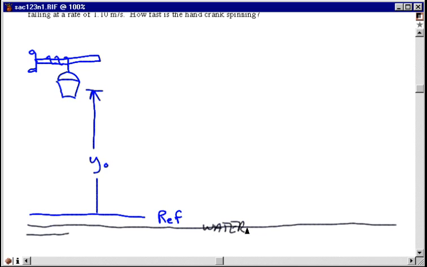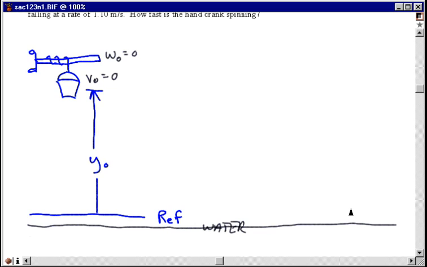I am going to work with the center of mass location in this one. I call this omega 0, the spin rate of the hand crank, equal to 0, and V0 is equal to 0. Nothing is moving there.